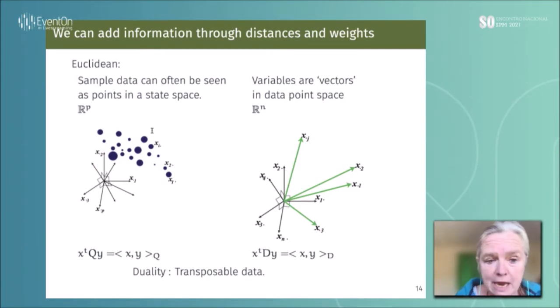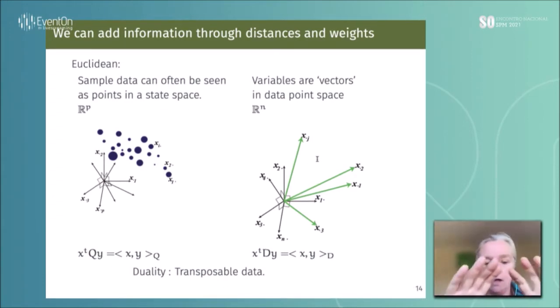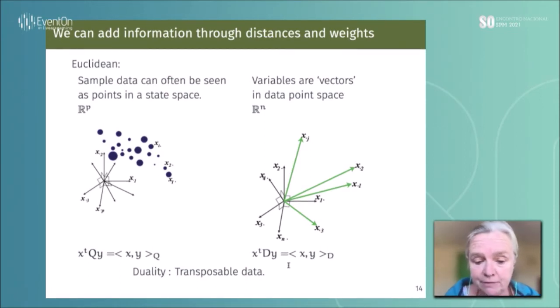But you could also say, I can look at the dual and say, I'm looking at the features as they occur in the coordinate space of data points. And that's just a fact that we have duality. We can look at the dimensions in two different ways. And we have one inner product, which corresponds to the inner product between points as they occur with weightings on the variables, and the other one with weighting on the observations.